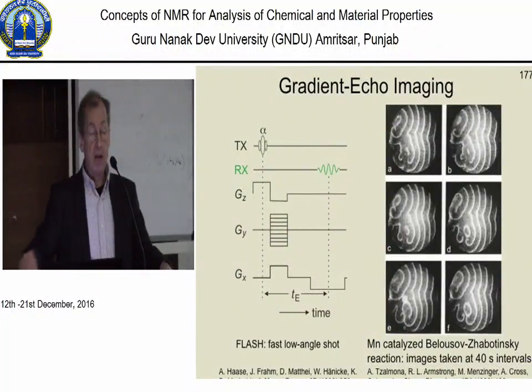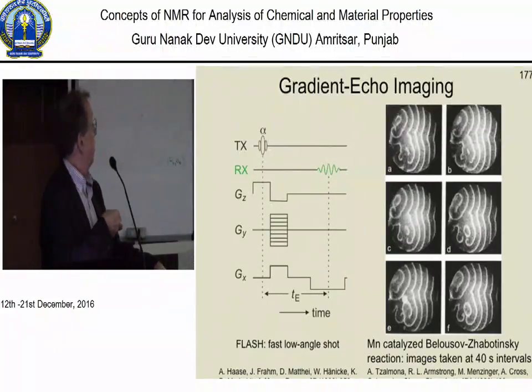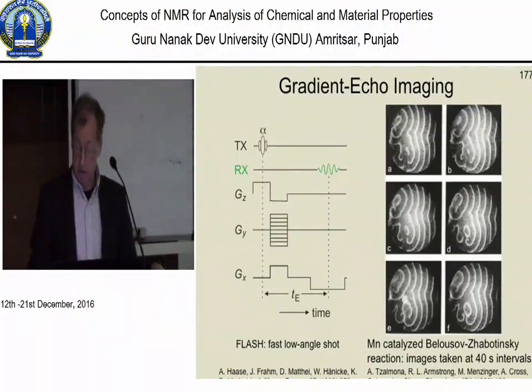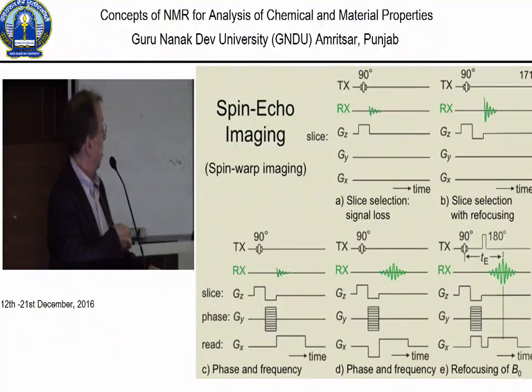And then came the idea that these imaging methods are too slow. And two people, Axel Haase and Jens Fromm, I know both very well, had the idea as PhD students, we don't need the 180-degree pulse in here. Let's go back these few slides. Here we had a sequence without the 180-degree pulse.